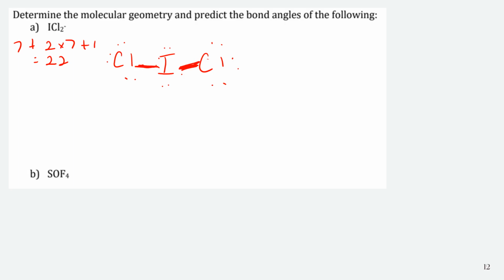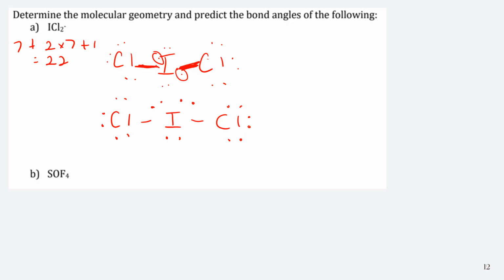Remember the dots are in clouds, so they can swirl around the atom, the nucleus. So technically the lone pair that's right here can be somewhere else. You should be aware that you probably need to put these lone pairs because they help determine the molecular geometry and the bond angle.